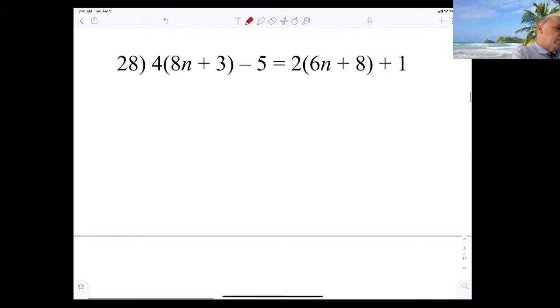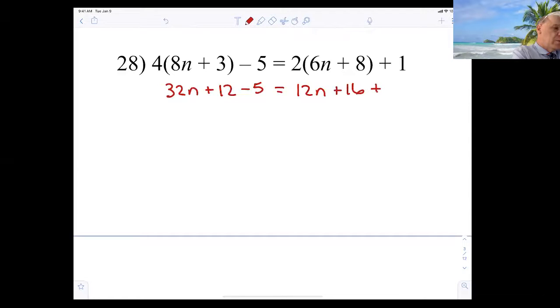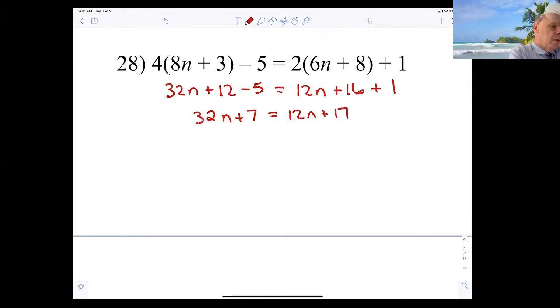All righty, let's go. 28, distributing. Combining terms. 32 minus 12, 17 minus 7.